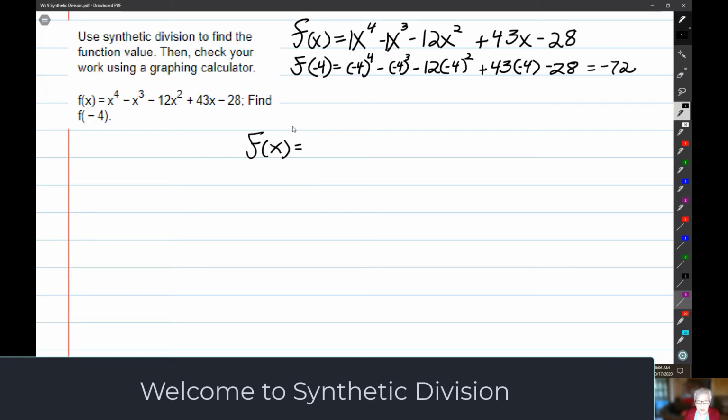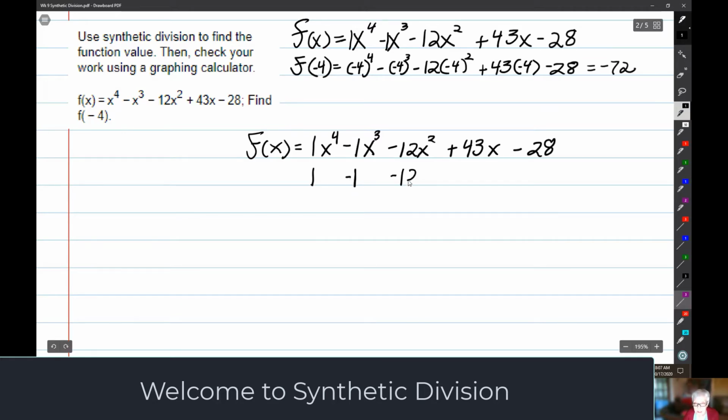So I have to be very careful to write that, and you'll see why I want to. Now I'm going to write the coefficients. 1, negative 1, negative 12, 43, and negative 28.